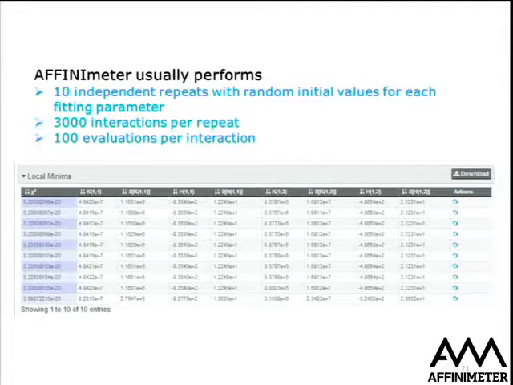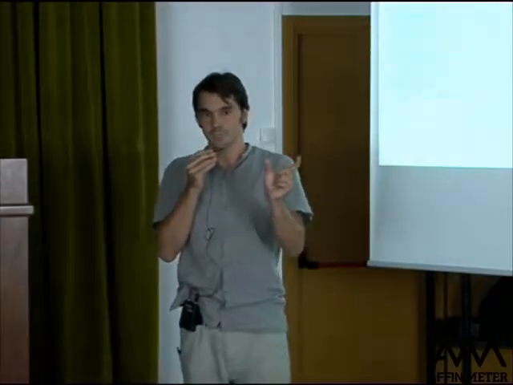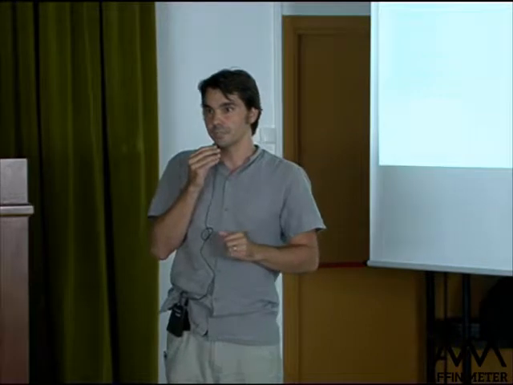So we provide not only the best solution, but all the possible solutions. If 10 different initial points give you the same results, that is a good reason to trust your fitting. If you get different solutions from different initial points, then you can start to think that maybe you have to change your seeds or change the range of each parameter and so on.